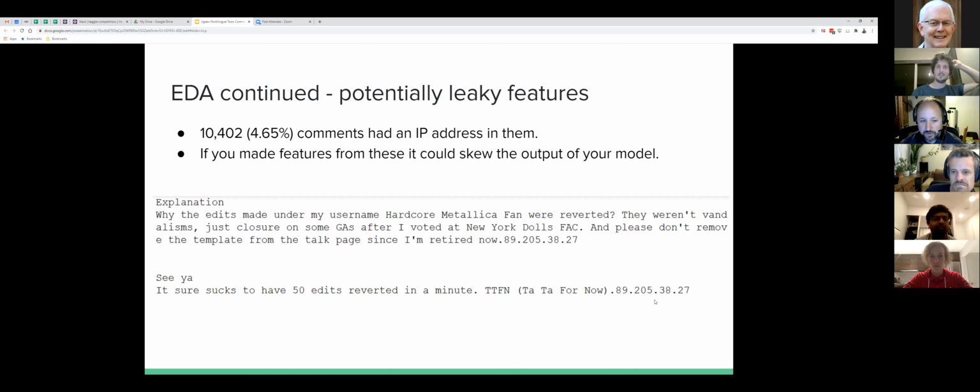I don't know what the effect would be if you just ignored it but still left these comments in, even with these IP addresses. And I don't know whether you should remove these comments first because they might skew it in some way. These are the numbers I was talking about. There's an IP address down the bottom of each of the 2 comments.